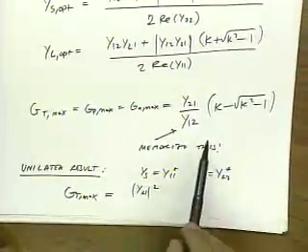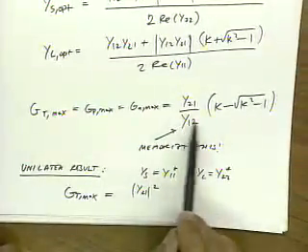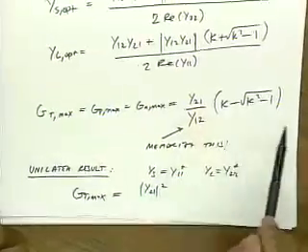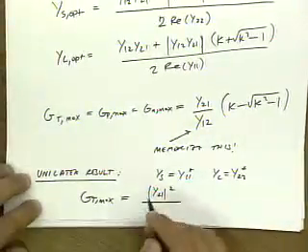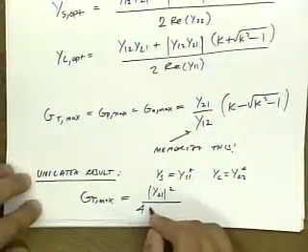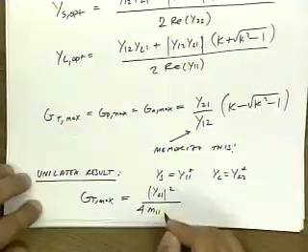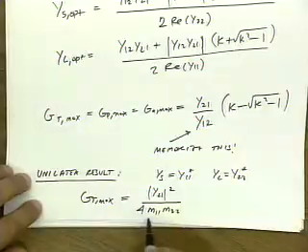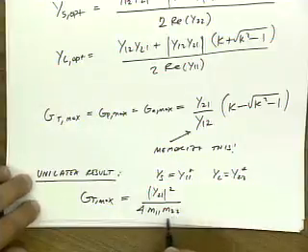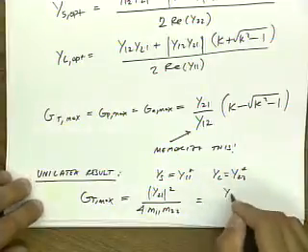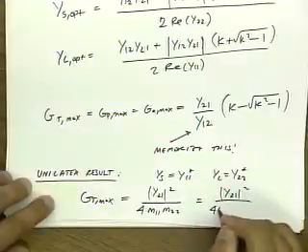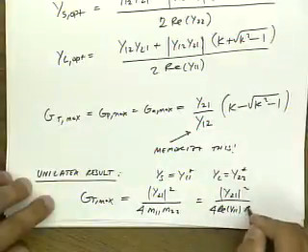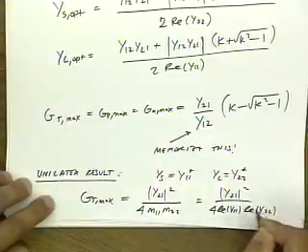If I look at this expression, y12 is equal to 0, so this blows up. But if I do the algebra carefully, the solution comes out to y21 squared divided by 4 times the real part of y11 times the real part of y22.